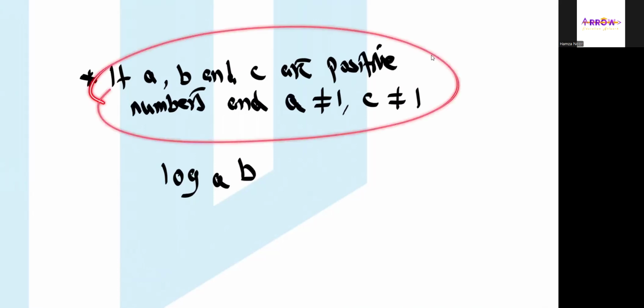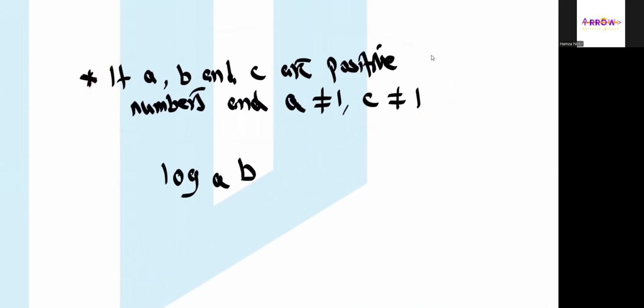If a, b, and c are positive numbers and a is not equal to 1 and c is not equal to 1, then log with base a argument b is equal to, you introduce another number apart from a and b, let's say that number is c, and c is introduced as the base of the logarithm in the numerator as well as in the denominator.